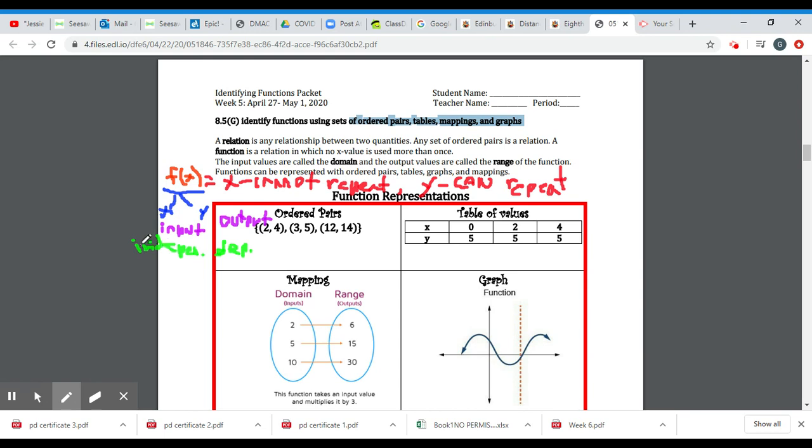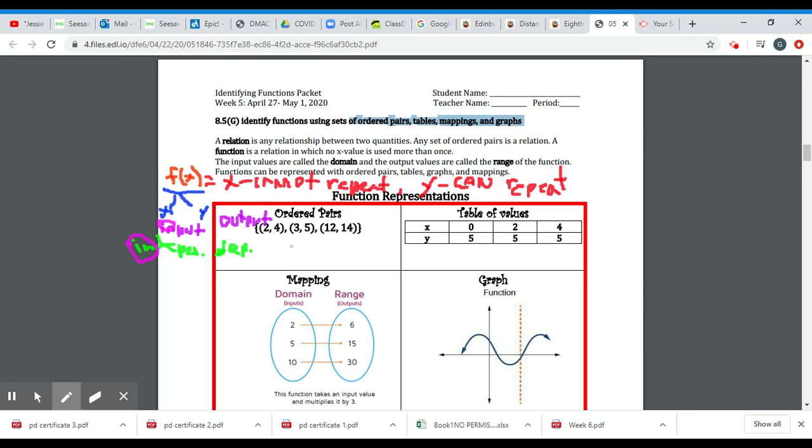I like to remember these by looking at the first part, the in part. They both start with IN. So independent, input, we're just talking about x. On my y, it's my output and my dependent variable. Those are some of the ways that you may see it asked.